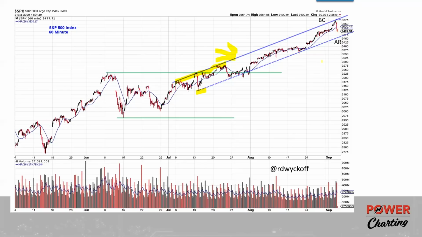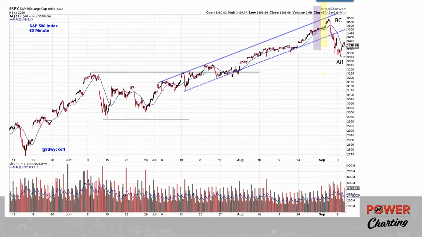Buying climax, automatic reaction. Well, what happened since? Okay, so this is what happened since. Now there has been a break of this trend channel decisively well below it, and it really is comparable to the break that we had in June, which created, as we talked about then, this large break that set up a range-bound condition in the S&P 500, and that's exactly what we got.